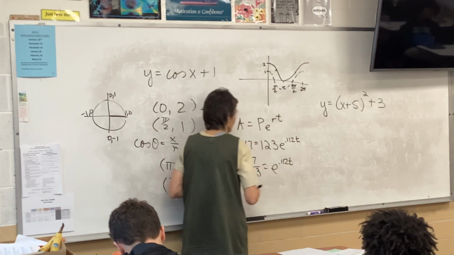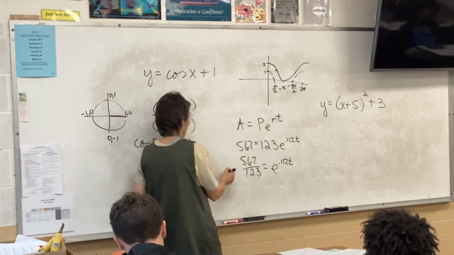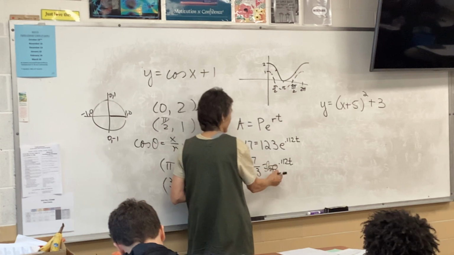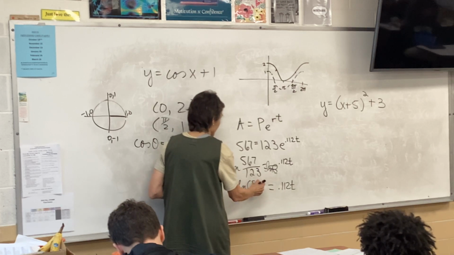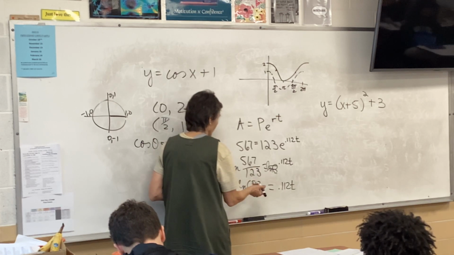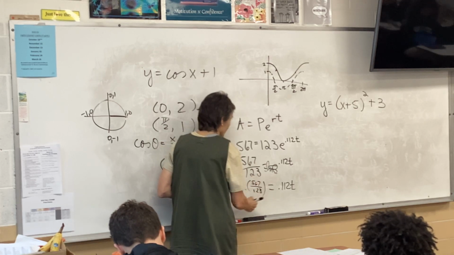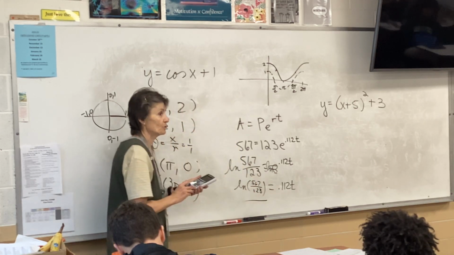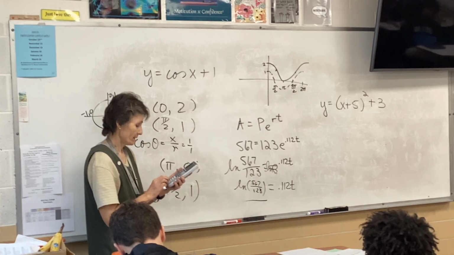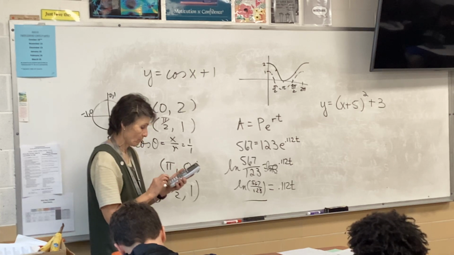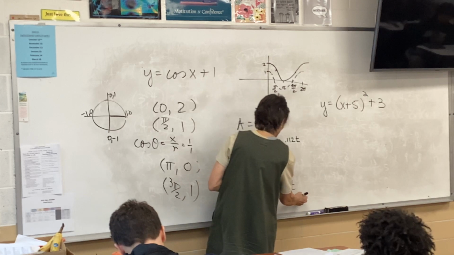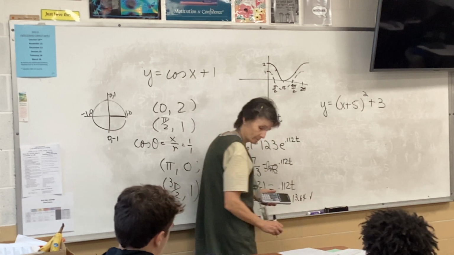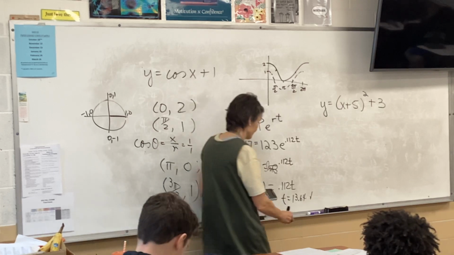And then what are we gonna have to do? Log both sides, we'll use ln because of the e. So Sarah, we got natural log, 567 over 123 divided by 0.112. ln 567 divided by 123, close parentheses, divided by 0.112. I got 13.64. Days.